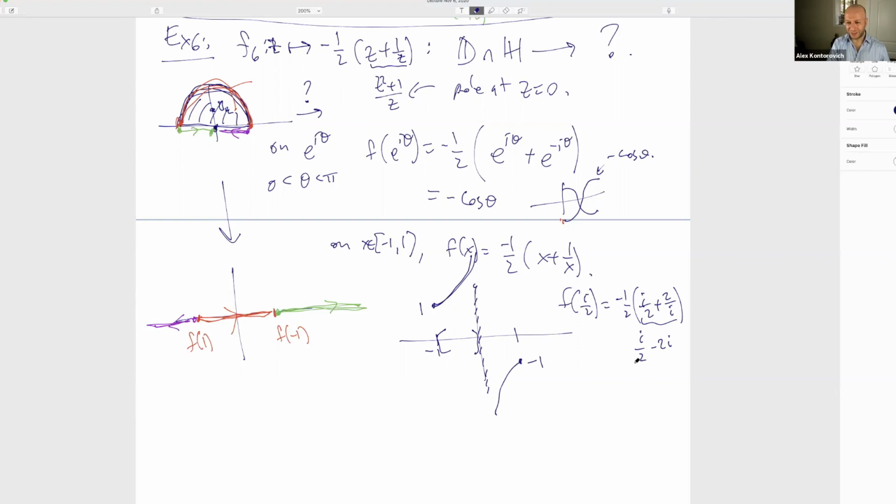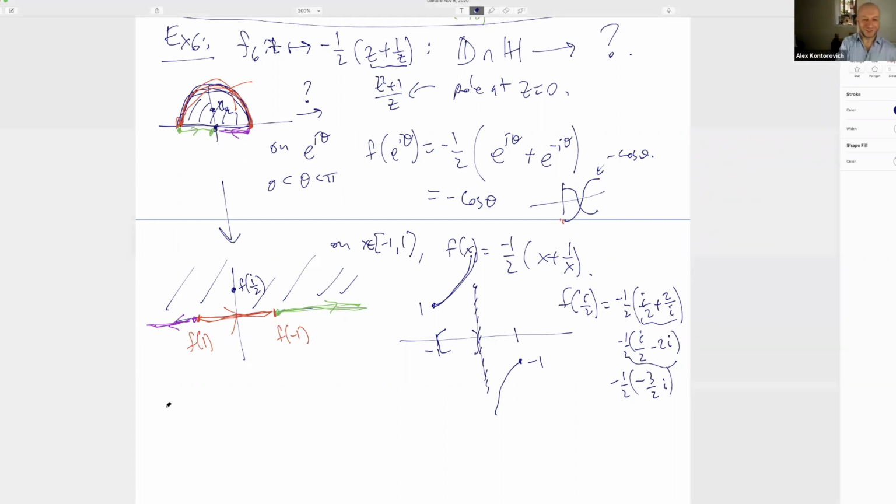So this is negative 3 halves i, times negative a half, 3/4 i. 3/4 i is here. This is f of i over 2. So we get the upper half plane.